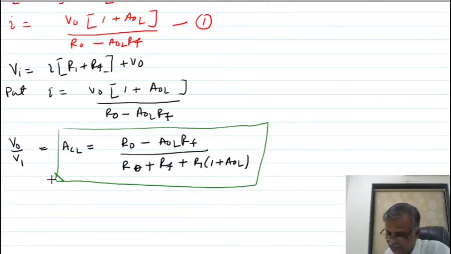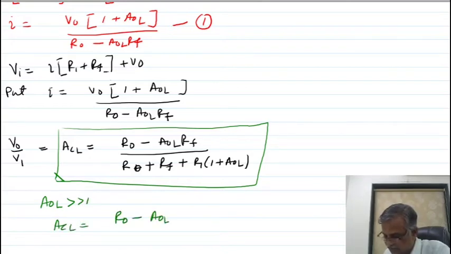Now, from this equation I can derive for the ideal case. With AOL much greater than 1, ACL I can write RO minus AOL into RF upon RO plus RF plus R1 into AOL.